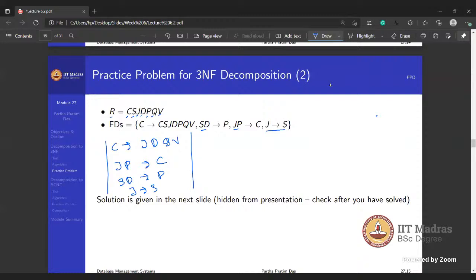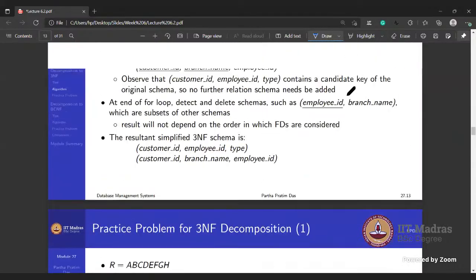Yes, we did not find any extraneous attributes. If you find an extraneous attribute, then you have to remove that attribute from the functional dependency. Then you will get the canonical cover.